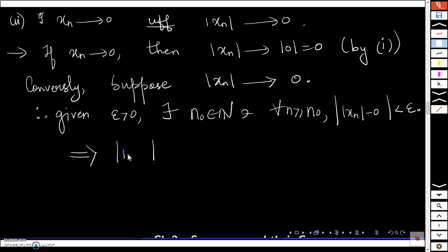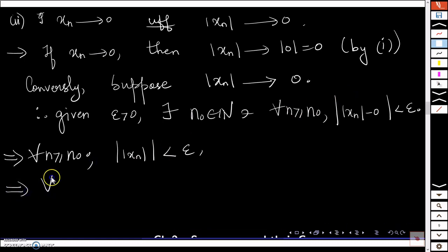So modulus of xn is less than epsilon for all n bigger than or equal to n naught. I am simplifying this, right? Modulus of a number is that same number, because when I take the first modulus, this number is already positive, and then again I am taking its modulus.